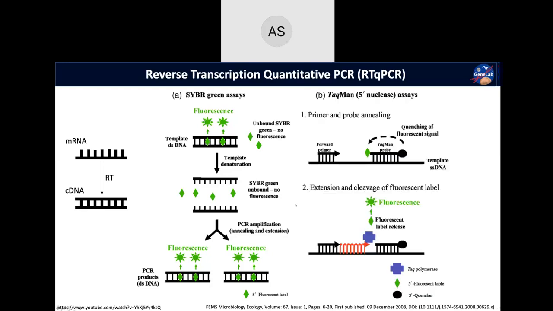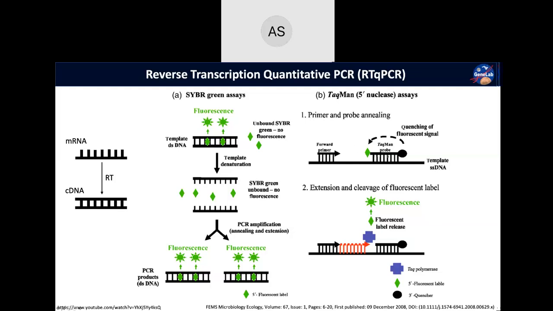So another way to quantitate this PCR reaction is by using a technique called TaqMan. And in this technique, again, similarly, you'll have your forward and reverse primers. You'll also have your template of interest, and in our case, it's cDNA, and you'll have your polymerase. But instead of SYBR Green, you're going to also add in this TaqMan probe.